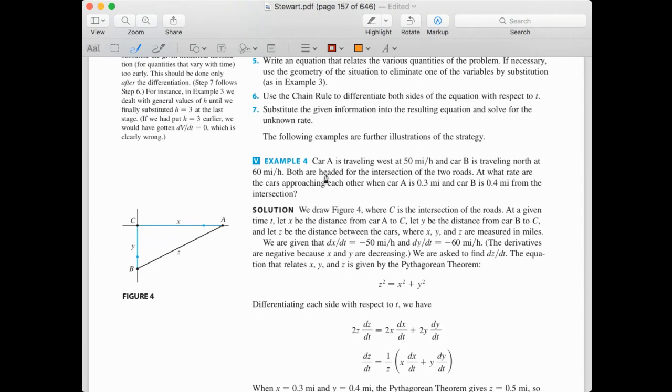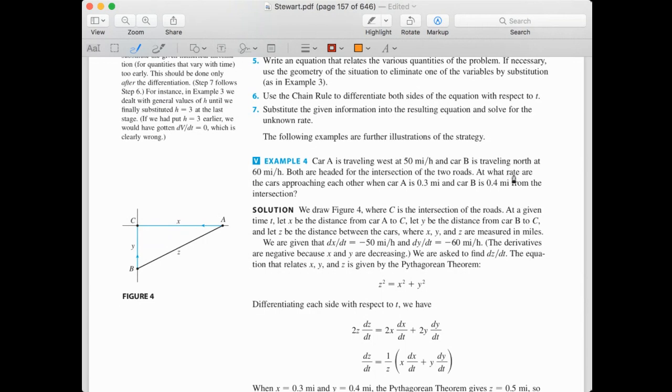If we call the distance of car A to C x, we call this x prime. And B to C is y, so we call this y prime. So x prime is 50, y prime is 60. Both are headed for the intersection of the two roads, intersection C.